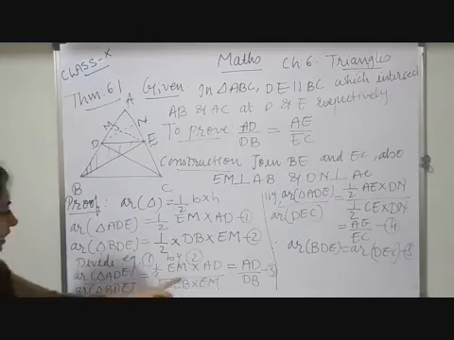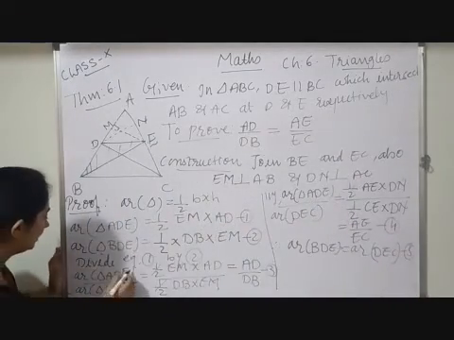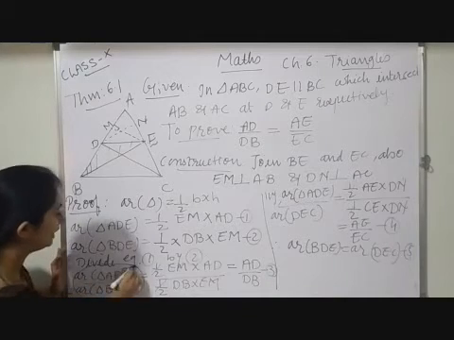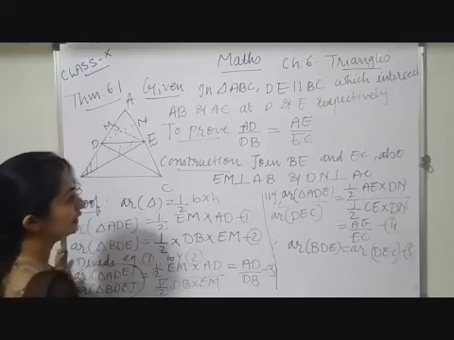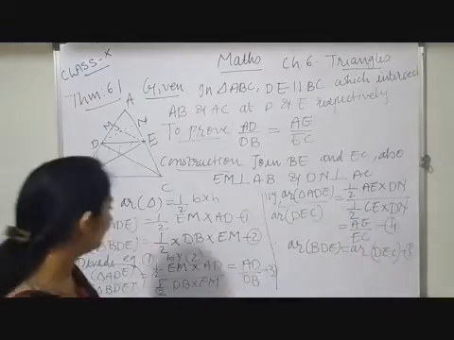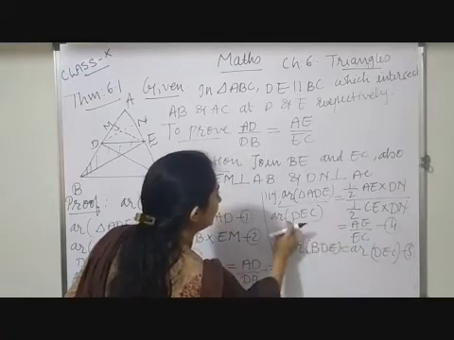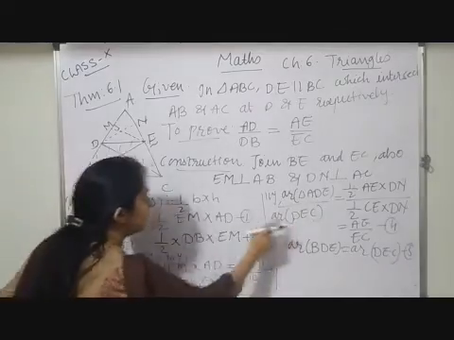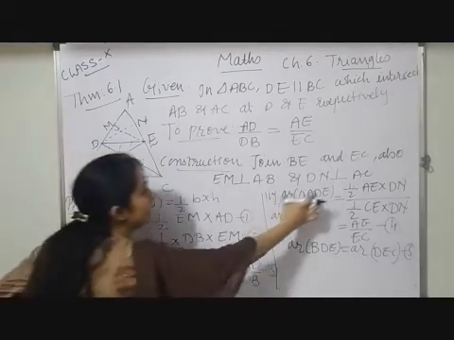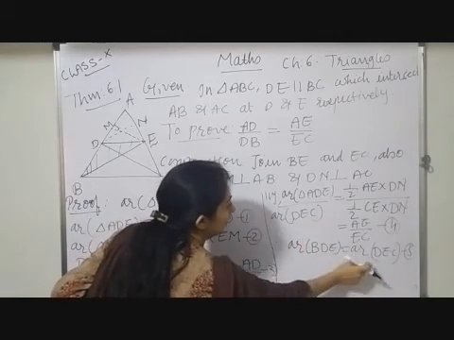Now from equations number 3, 4 and 5 I can write, see, in place of this area, this quantity. So from equations 3 and 4 I can write AD by DB, AE by EC, and both of these areas BDE and DEC are the same. Observe ADE, ADE. Now BDE is equal to DEC, which I have proved.